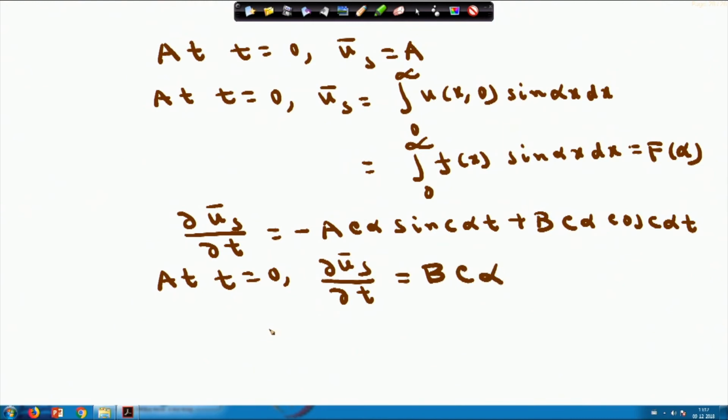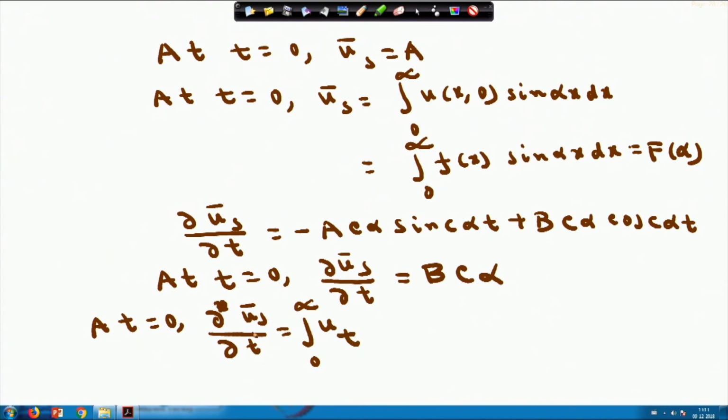And also I have to find out what happens at t equals 0 here. What is del u bar s del t? This is equal to the integral from 0 to infinity of, since u bar s is there, this is del u bar s del t, therefore it will be u_t(x,0).